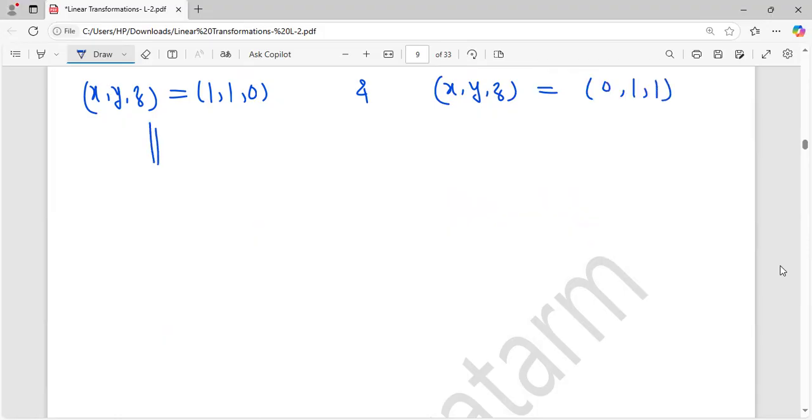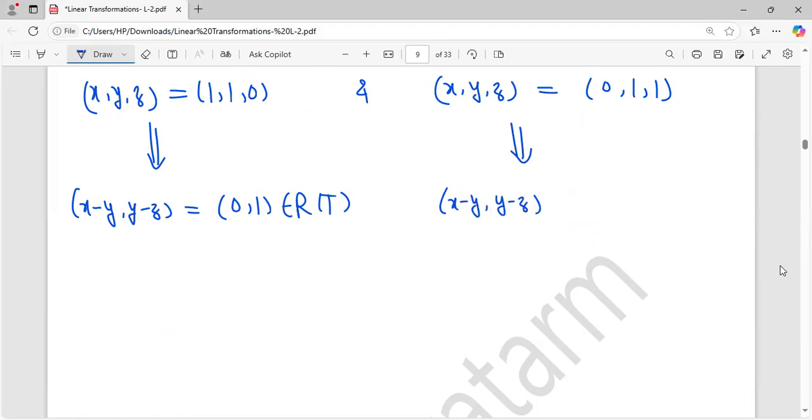Then this implies (x minus y, y minus z), that is (0, 1), belongs to the range of T. This will imply (x minus y, y minus z), that is (minus 1, 0), belongs to the range of T.